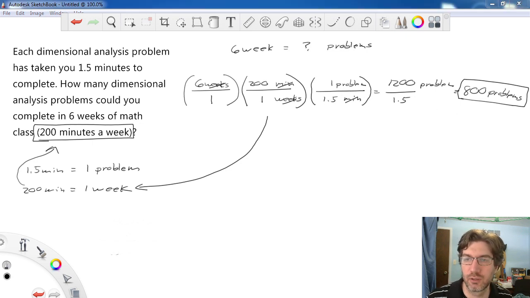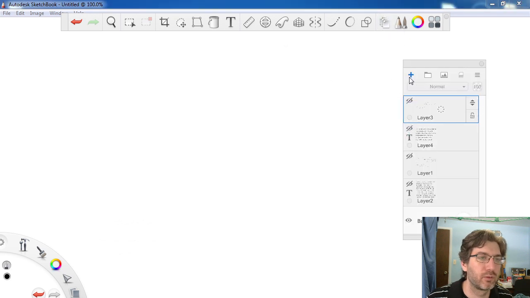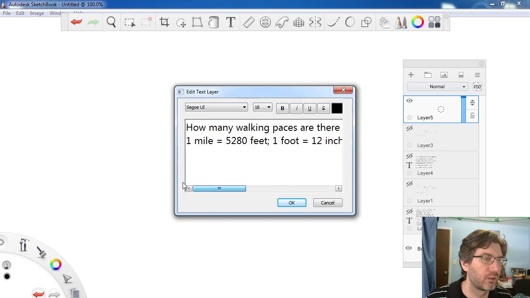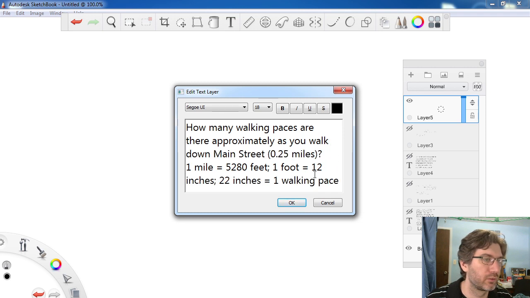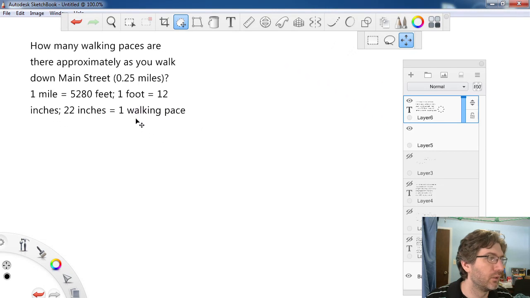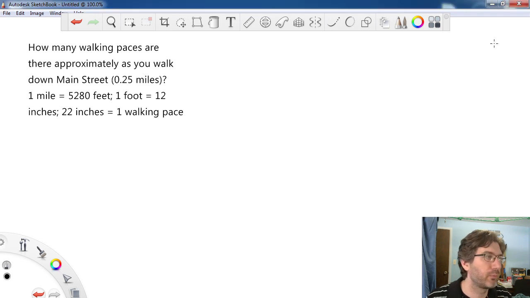Not too bad. All right, this one here is even easier than that. We're just hiding everything today. This one is easier. It gives you the conversion ratios right out of it, or at least some of them.